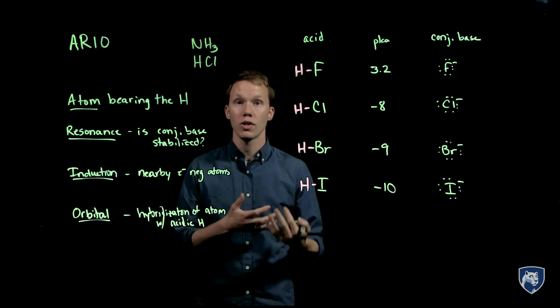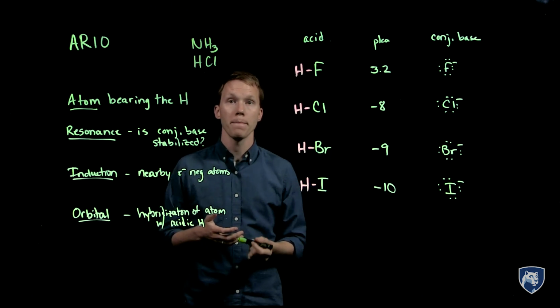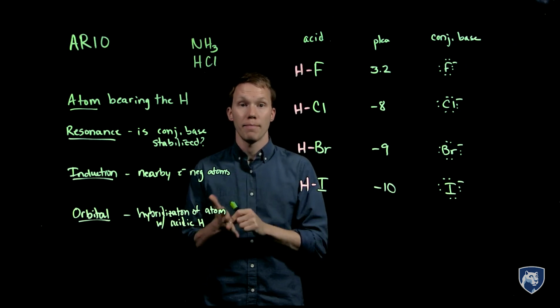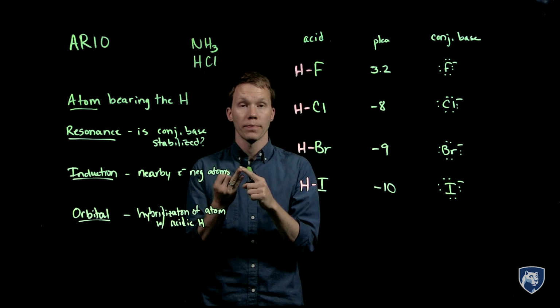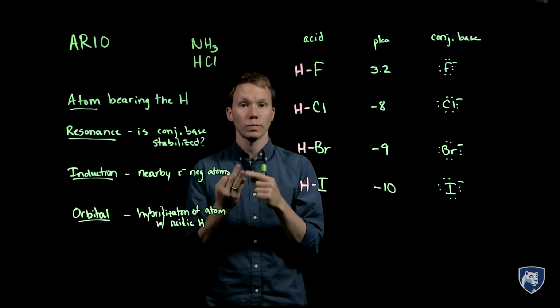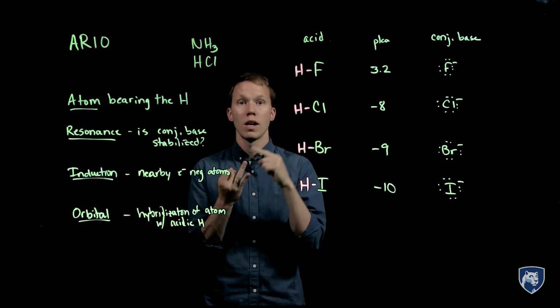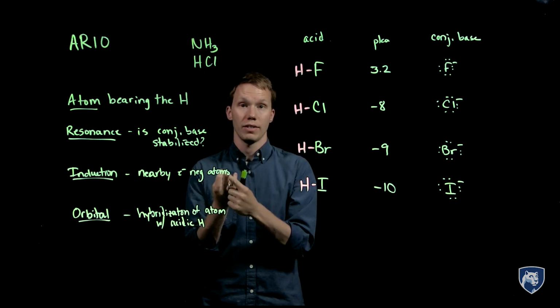Cl minus, being a larger ion, is therefore more stable than NH2 minus. Okay, so you have to consider the atom that bears that acidic proton. Is it in the same row or the same group? Do they have anything in common, right? So electronegativity in the same row, size in the same group, and if there's nothing in common, then it's atom size. Okay.